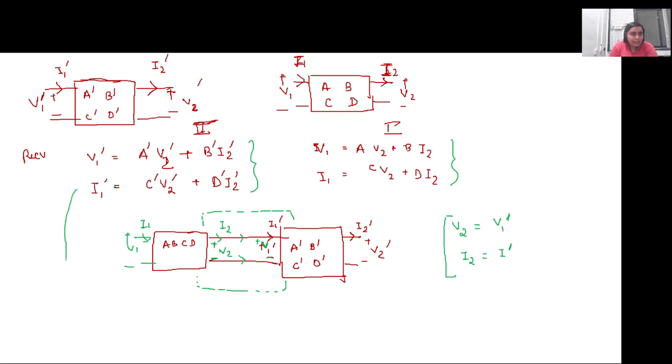If I rewrite these equations, I'll better write in terms of matrix. V1 I1 is equal to A, B, C, D into V2 I2, right?